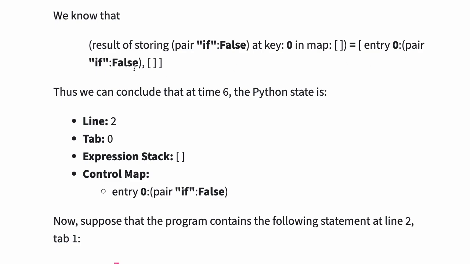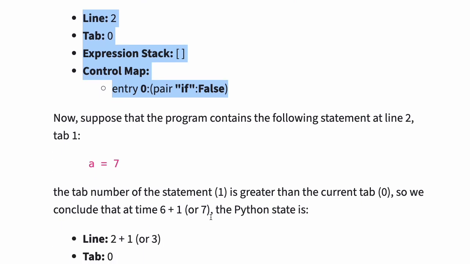Thus we can conclude that at time 6, the Python state is as follows. Line is 2, tab is 0, the expression stack is empty, and the control map has one entry, 0, and pair if false. Now suppose that the program contains the following statement at line 2, tab 1. The tab number of the statement, 1, is greater than the current tab, 0.